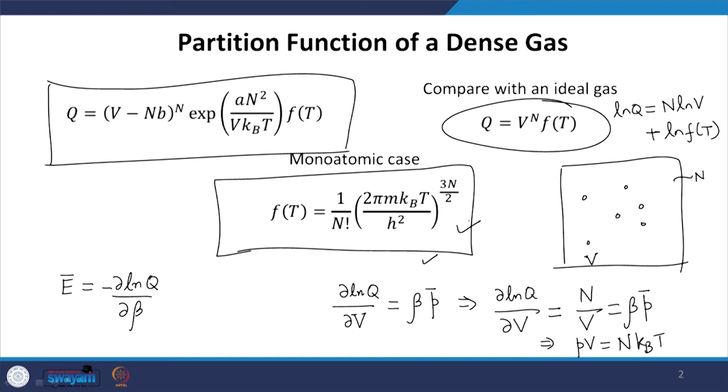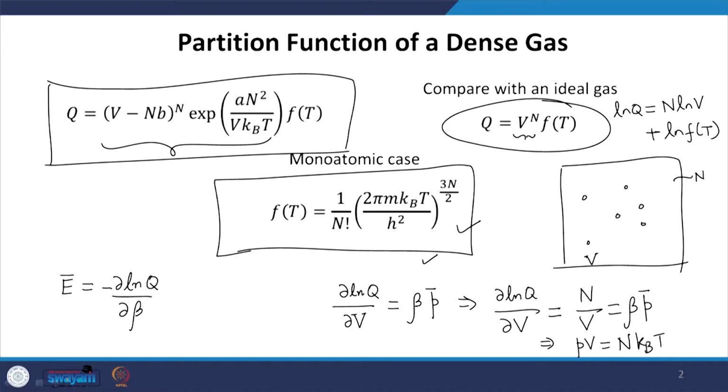But if you look at the first and second term, that is quite complicated compared to what we had here. And the reason is, in a dense gas we no longer assume that the particles are of zero size, they occupy some volume.